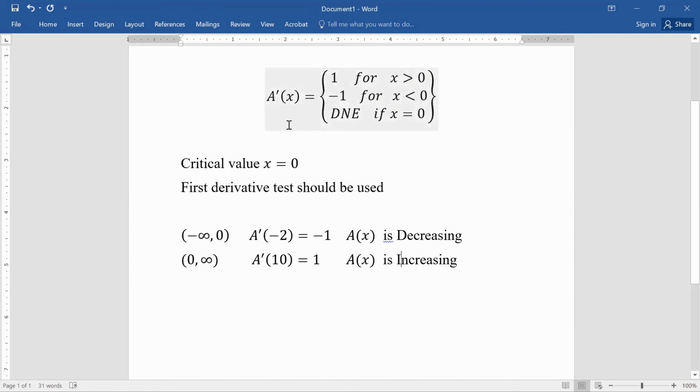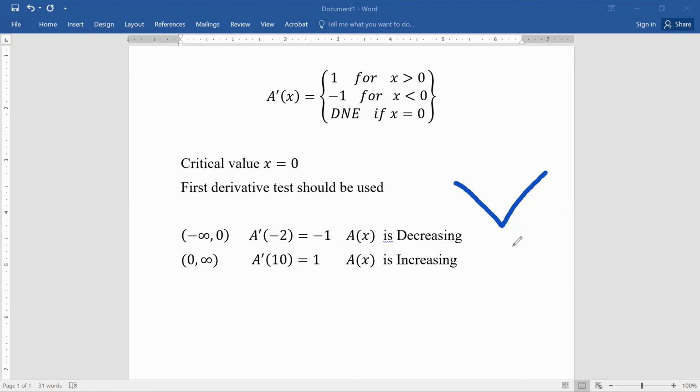Since I know it's continuous, and since I know the reason why the critical value doesn't exist is because we have a sharp corner, I kind of know that my function is going to look like this, and I kind of know this point is going to give me a relative minimum. So sometimes the first derivative test shouldn't be used, but still I can logically think through why I get a relative minimum here.